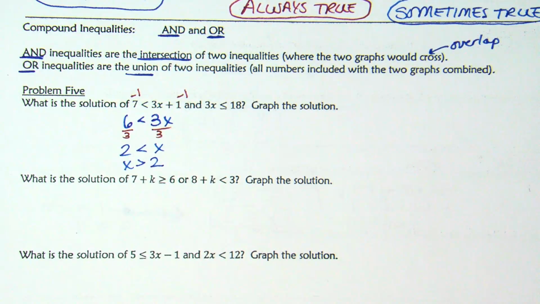And. Don't forget that word. It does make a difference. I need it in there. And then the other half of this, 3x less than or equal to 18, means I'm going to divide by 3 and get the answer of x less than or equal to 6.